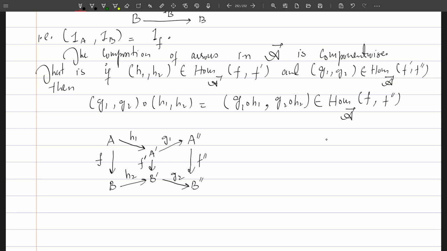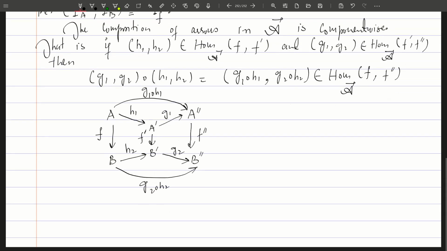So finally, the morphism which carries F to F double prime is this pair, given by G1 composite H1, and G2 composite H2.